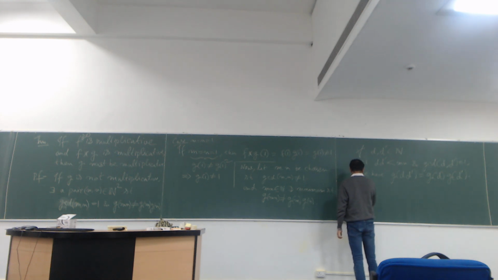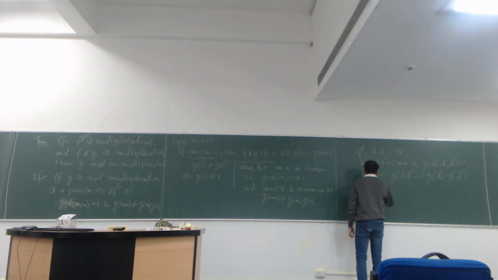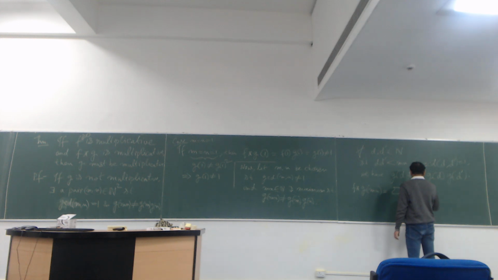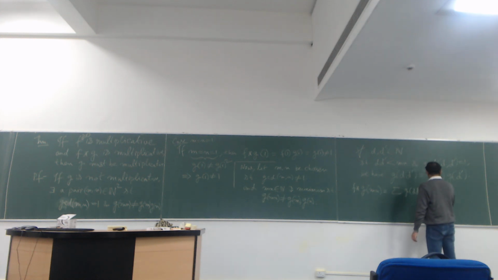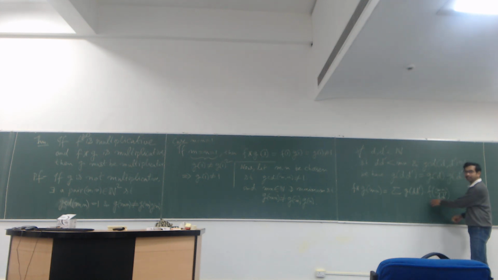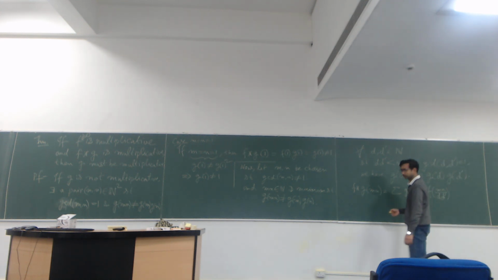So consider F star G at MN chosen in this manner. By definition, since Dirichlet convolution is commutative, F star G is the same as G star F, right? So you write this as the sum of G of d prime times F of MN by d prime. Of course, I'm writing G star F here. It's commutative. Okay?